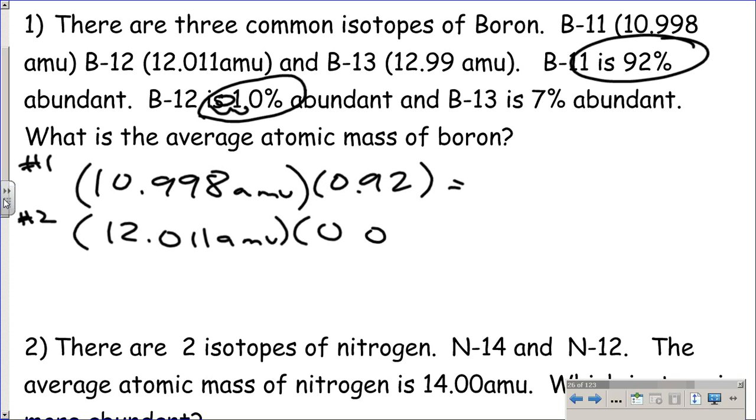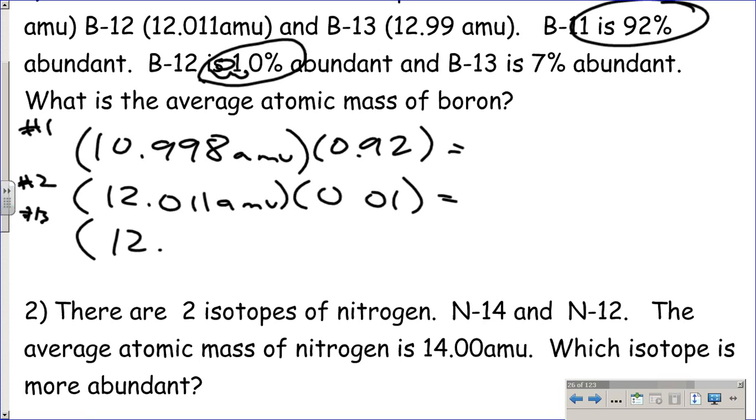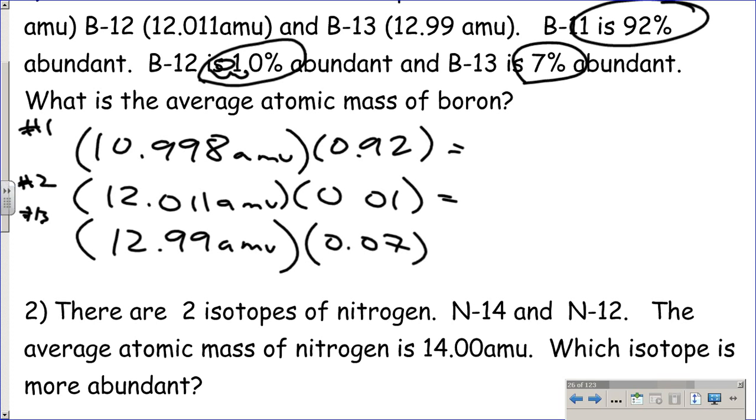So 0.01. And then the next isotope, 12.99 AMU times what? 0.07, right? So 7%, back it up 2 decimals, 0.07. So 0.07, and we're going to get that.